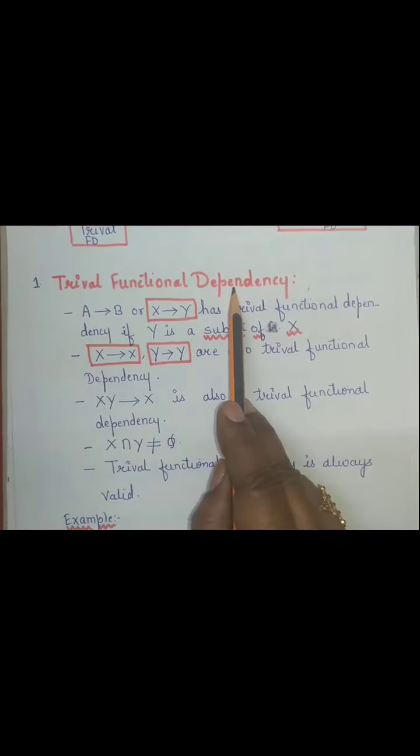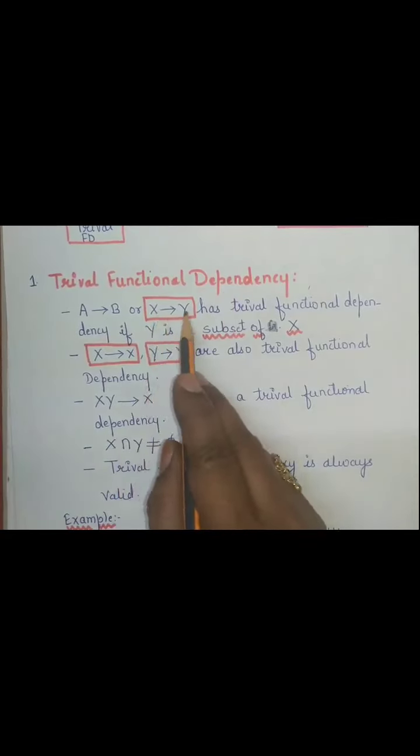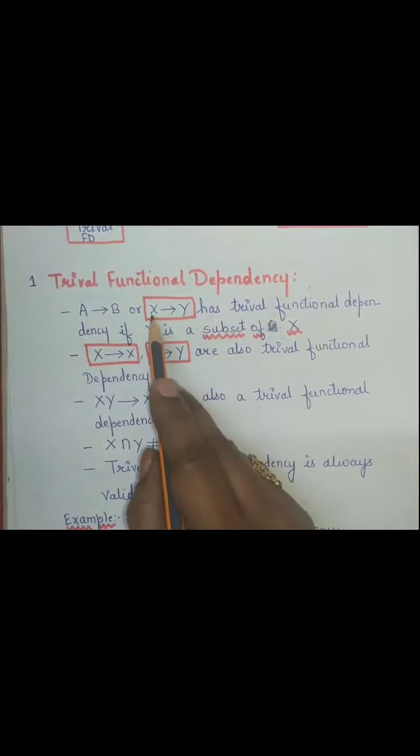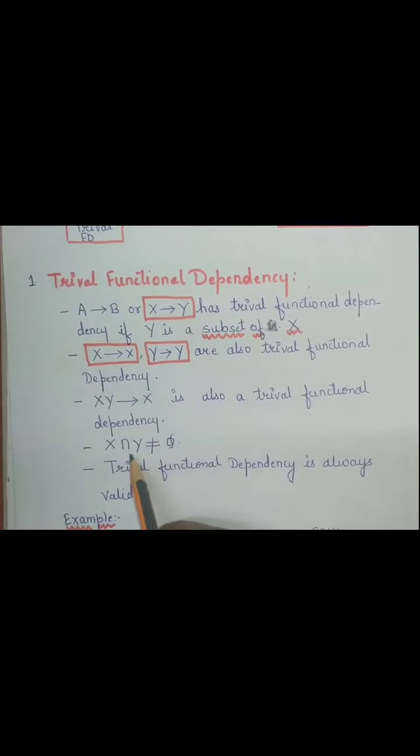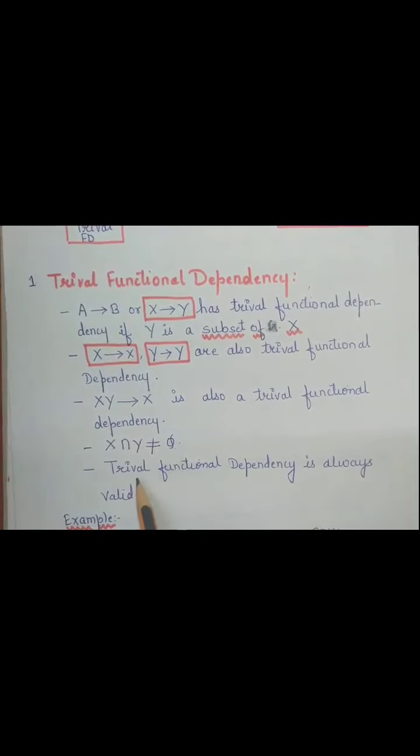Okay, the other condition is the intersection. If we take the intersection of these two, determinant and dependent, it is never an empty set. This is the second condition over here. And the third thing is, trivial functional dependency is always valid.